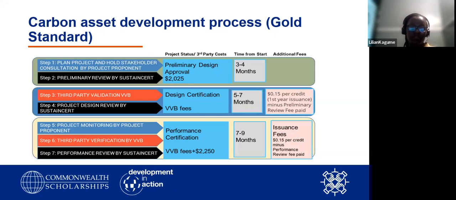So like the usage rate, it must be monitored. If it's a cookstove project, you'll also check stacking. So what other project technologies are being used together with the device you have sold to the end user, and so many other metrics, and each of them goes to the GHG quantification process.